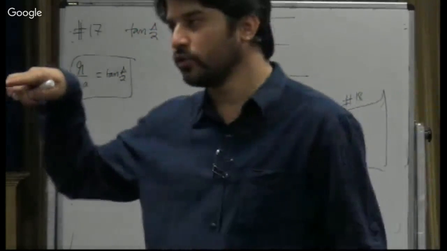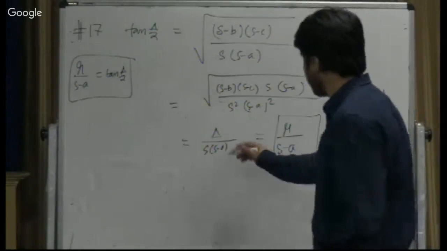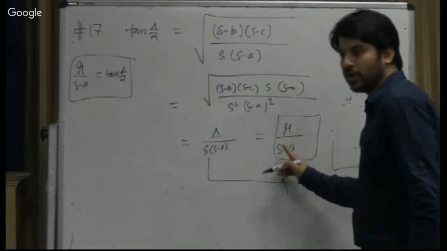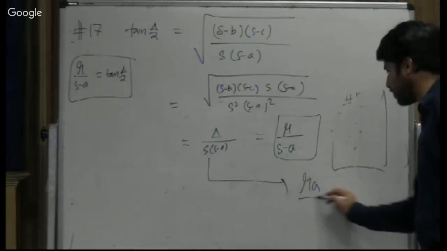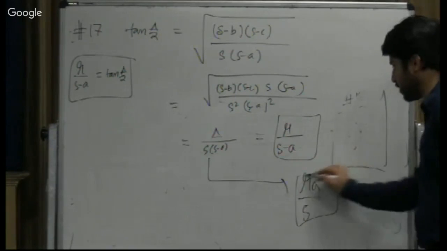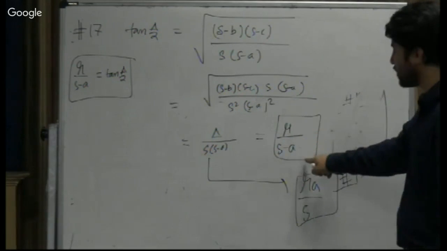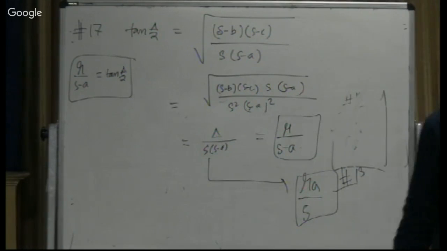RA is equal to डेल्टा अपॉन S माइनस A. तो यहां से दो आंसर्स आ रहे हैं. एक ये कि डेल्टा बाई एस ले लो तो R बाई एस माइनस ए और डेल्टा बाई एस माइनस ए ले लो तो RA बाई S, both are same story, right? So this is property 18. So tan A by 2 is R by S minus A and tan A by 2 is also equal to RA by S. Clear?